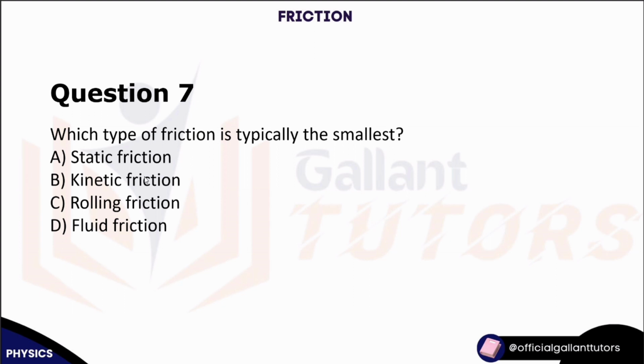Now, static friction is the friction that exists between two surfaces in contact when both surfaces are static. Kinetic friction is when one of the surfaces or one of the objects in contact is moving. Good.